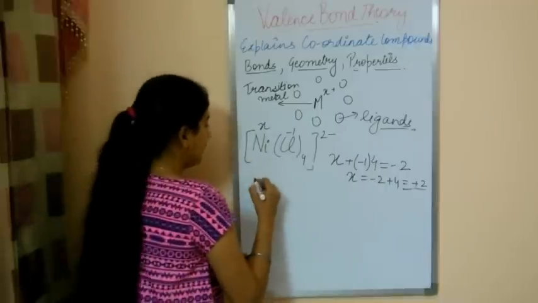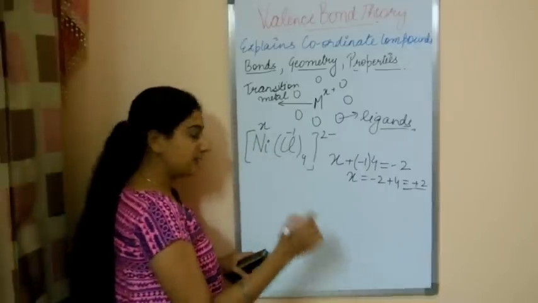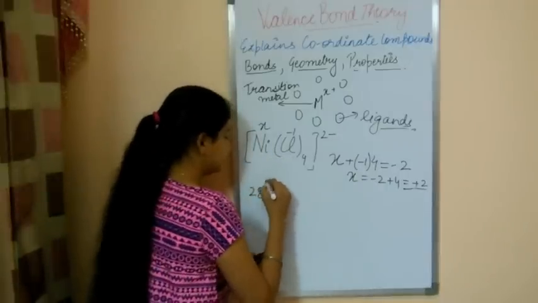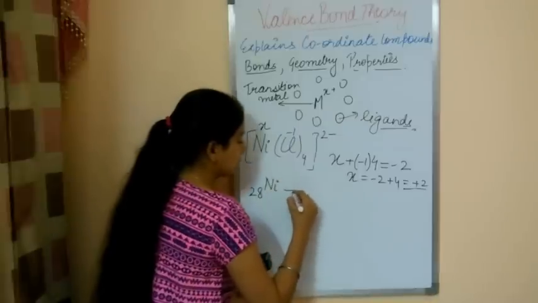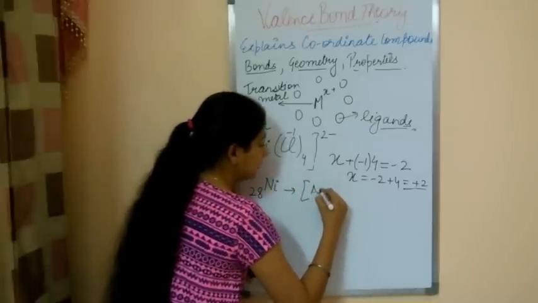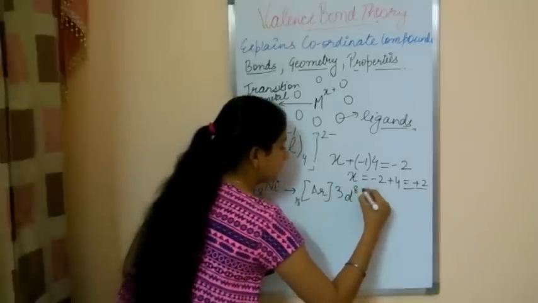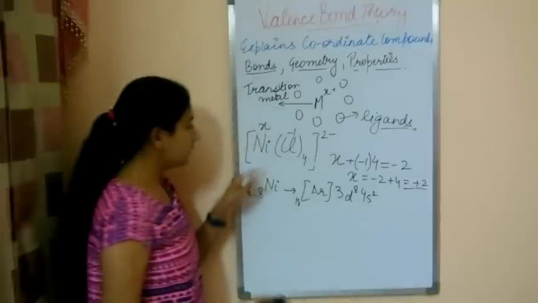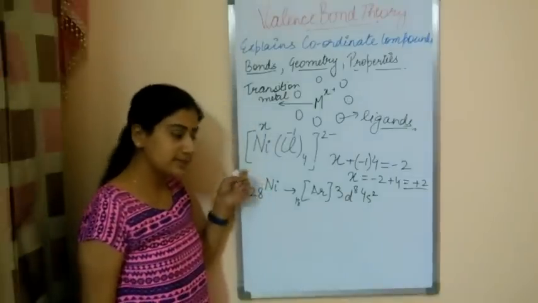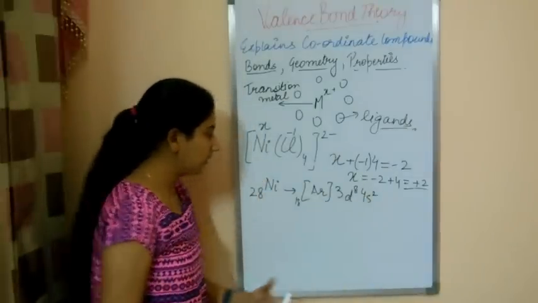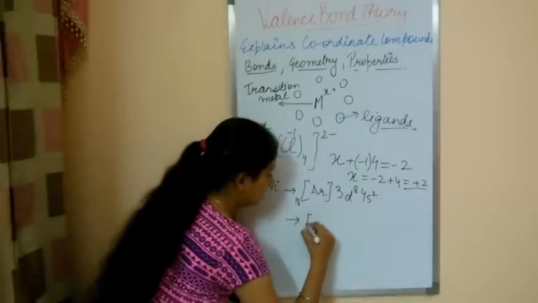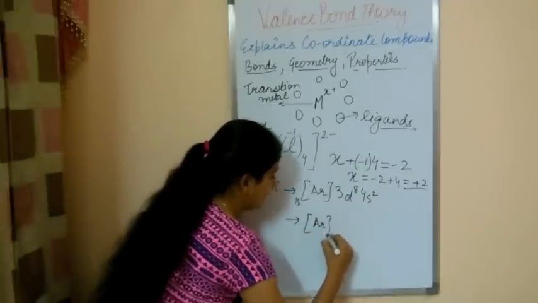Now, we know that the atomic number of nickel is 28. So its ground state electronic configuration is this. Now here nickel 2 positive is present. That means these two electrons are going to be removed. So the configuration will be this.